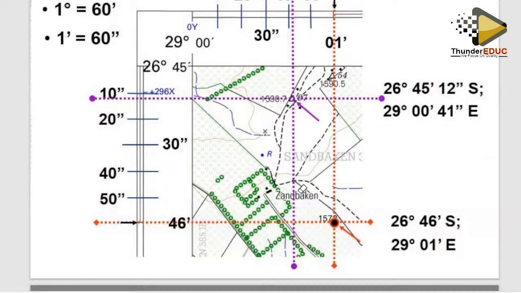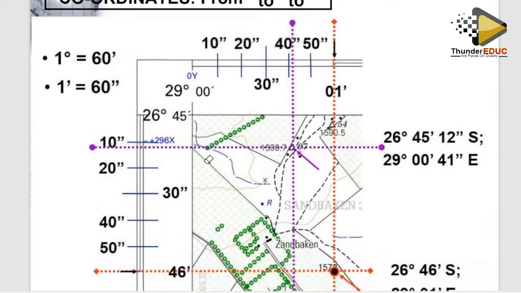If you get a question that requires you to locate the exact position of a given feature on the map, the degree values and the minute values will already be provided, and what you only need to determine is the second value. And what you should always remember is, for 1 degree, there are 60 minutes, which means if it's 26 degrees, for you to get to the next line of 27 degrees, there must be 60 minute lines. And those lines are the ones that are on your topographic maps. They will be indicated there.